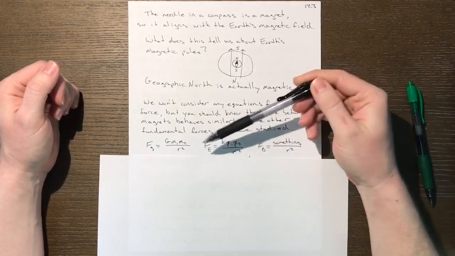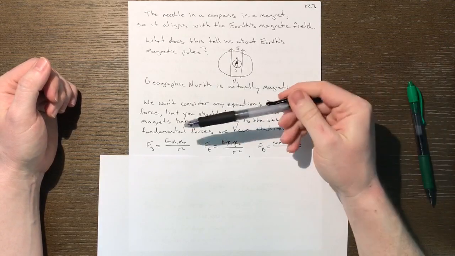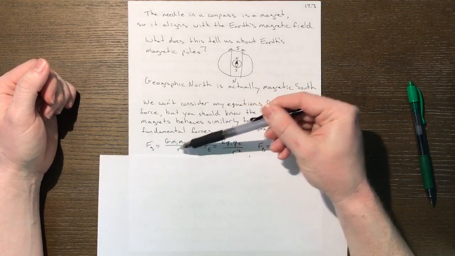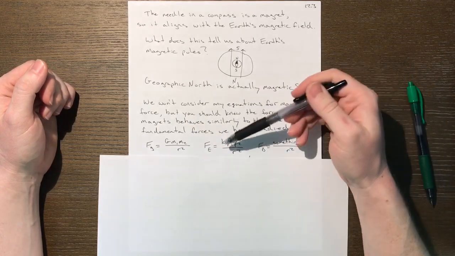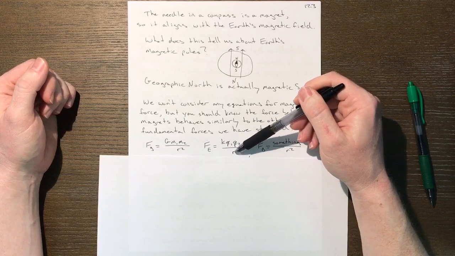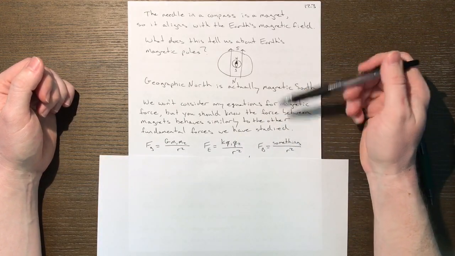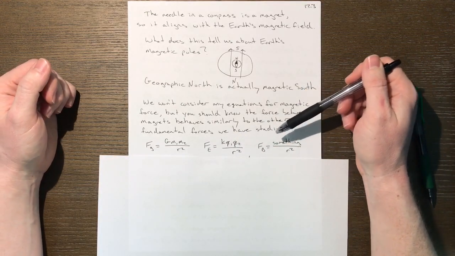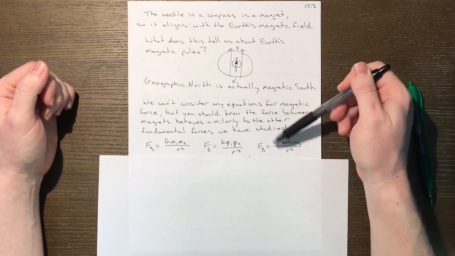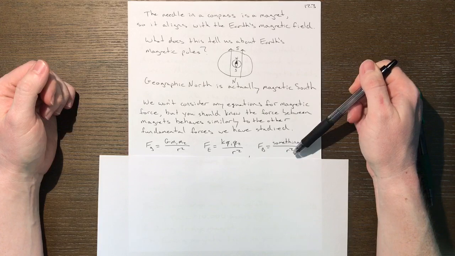Now, if you recall, the force of gravity looked like F sub g is G m1 m2 over r squared. The electrostatic force looked like k q1 q2 over r squared. And it turns out that the magnetic force, the force between magnets, F sub B equals something over r squared.